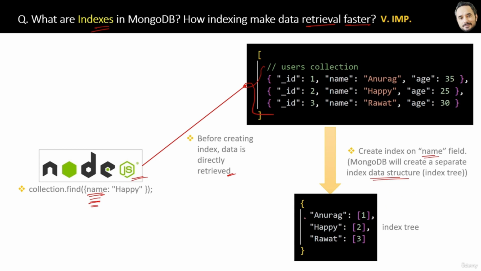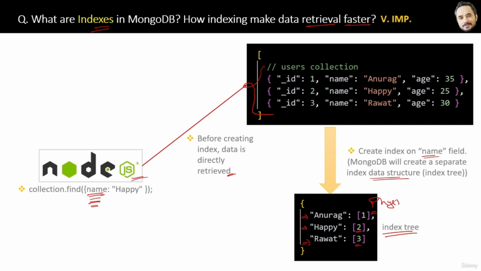We also call this data structure an index tree. Here the indexed fields will be stored separately, the name field with their IDs in ascending order. Now remember, this index tree will be stored physically like a document inside the database only.